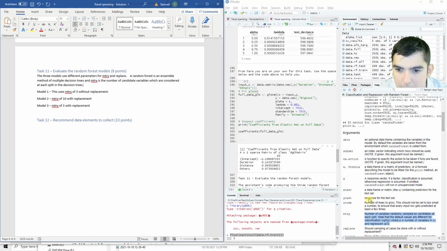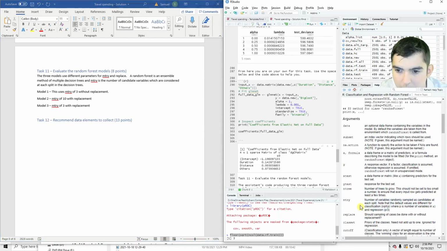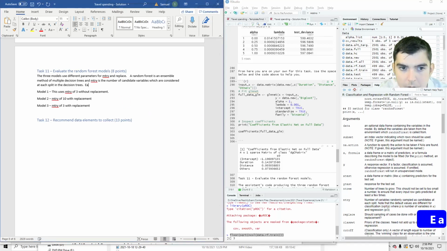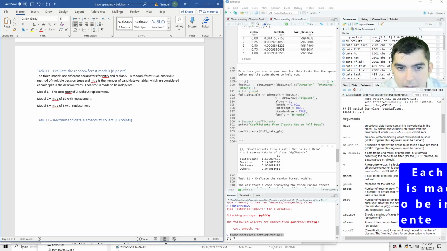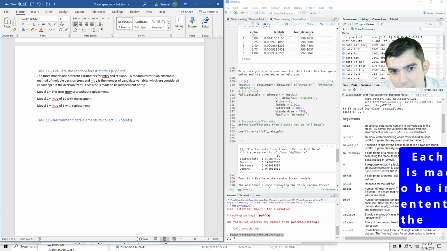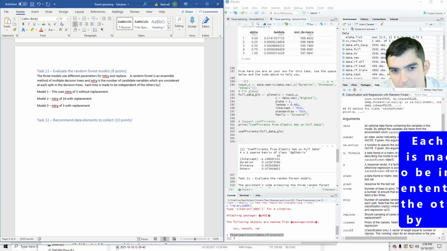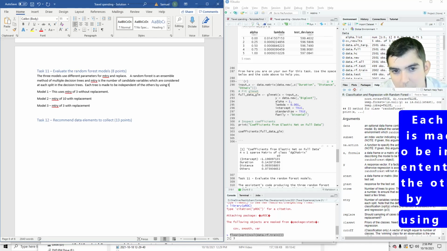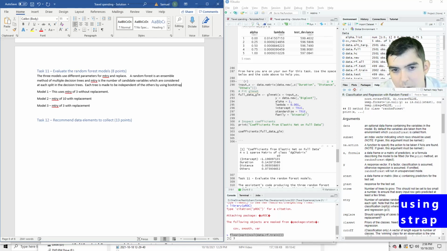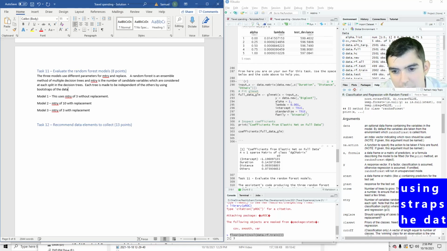And then replace: each tree is made to be independent of the others by using bootstrapped samples of the data.